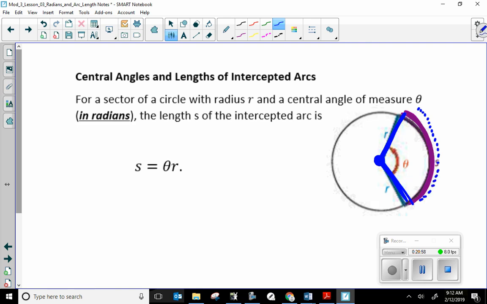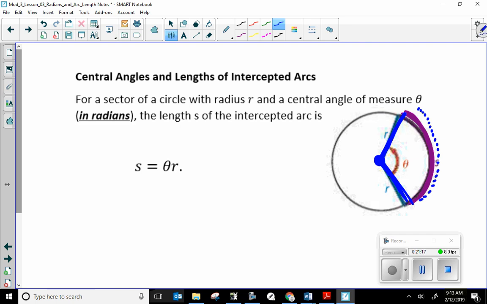So, for a sector of a circle with a radius r and a central angle measured theta, the radius could be any number. We're just going to call it r. The angle could be any angle, 45, 270, 13, 68. It doesn't matter. We're just going to call it theta.